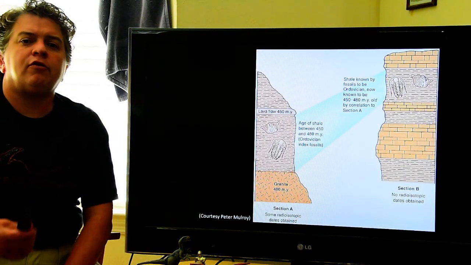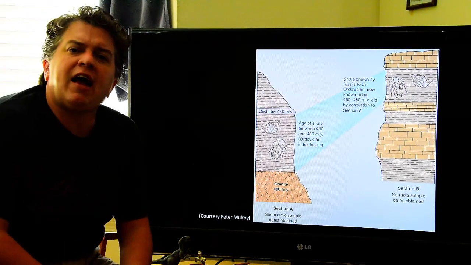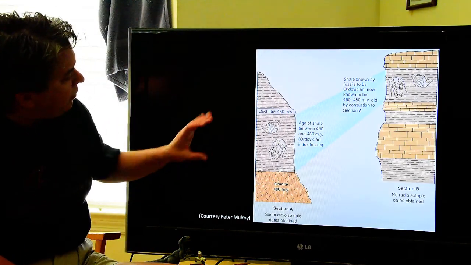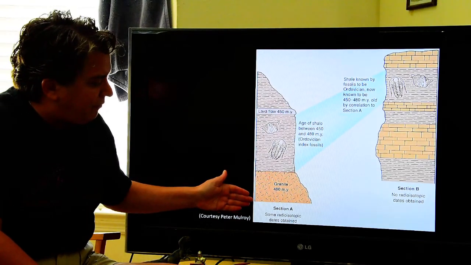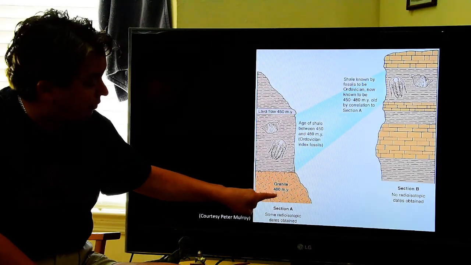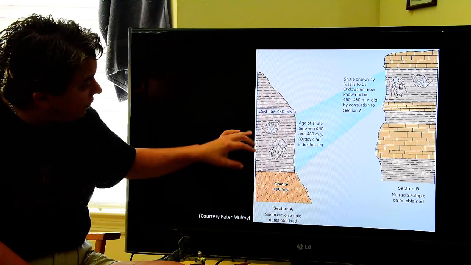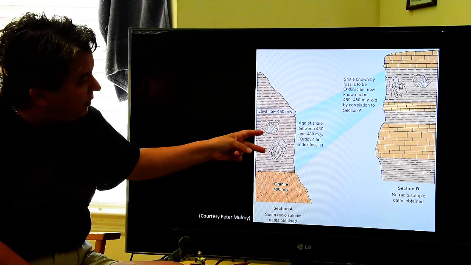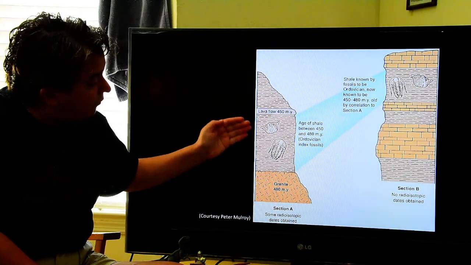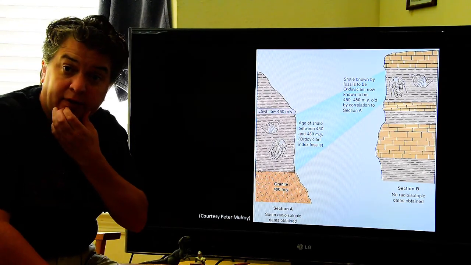So how can we ultimately use fossils and mesh that together with numerical dating to figure out when things occurred? Well, let's say over here, this is my stratigraphic section, and I'm lucky enough at this section to have granite that's dated at 480 million years old and a lava flow dated to 450 million years old. And right here I have these two species. Well, I know since that rock is between those two, it must be between 450 and 480 million years old.